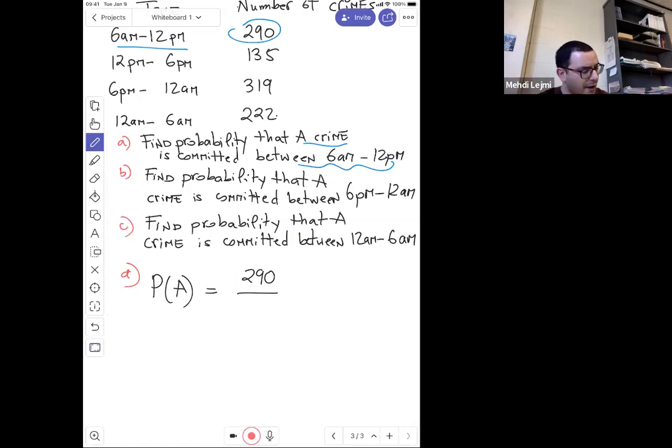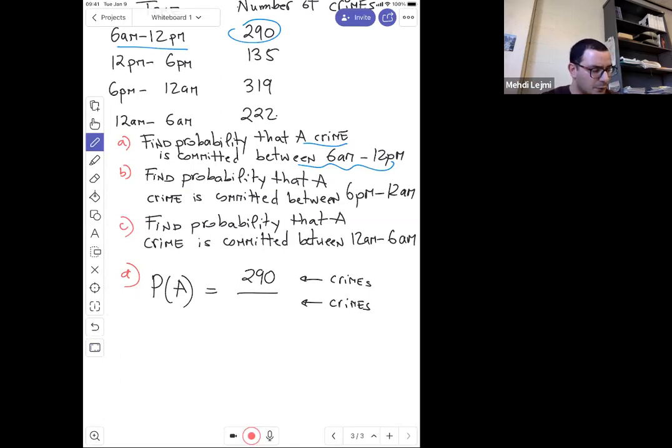So the top and the bottom, guys, use the same units. If in the top we are talking about crimes, 290 crimes, then the units in the denominator are also crimes, the same units. We're talking about the same population, right? So that's 290 crimes out of how many crimes in total?